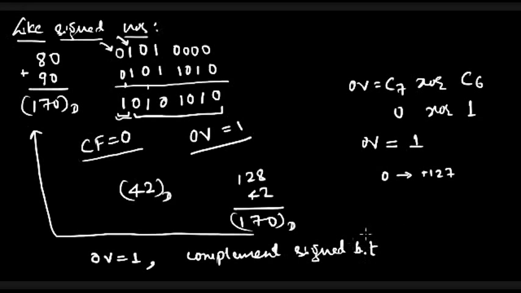When we complement the signed bit, we will get 0, and the rest is same, 0 1 0 and 1 0 1 0, and this is 42 in decimal. So it is saying the result is exceeding 128 by an amount of 42. So if we add 42 with 128, we'll get the right answer.